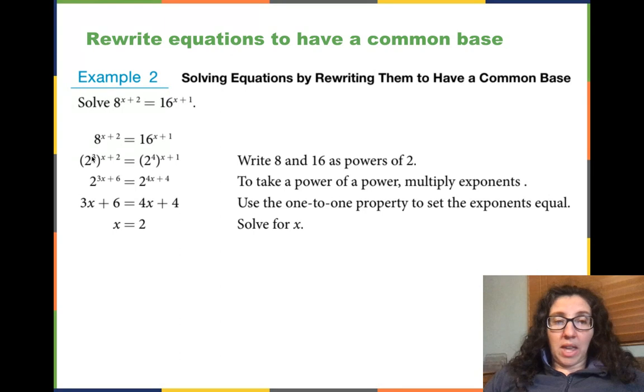We could say, well, 8 is 2 cubed and 16 is 2 to the 4th. And then we just could rewrite the exponents, 3x plus 6, 4x plus 4, right? And then we'll have these two exponents equal to each other. So 3x plus 6 equals 4x plus 4. All right, so it's similar to the last problem, except we had to do a little work to make these bases equal to each other.